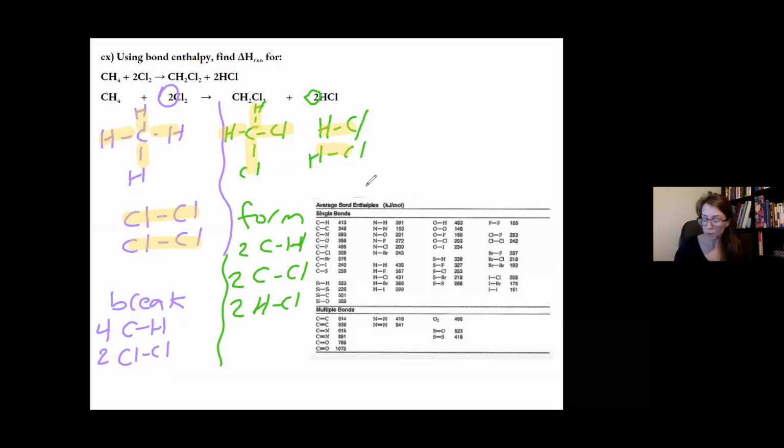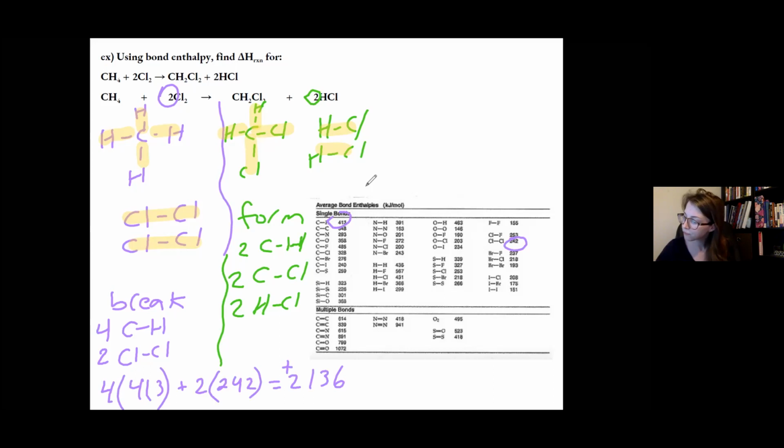Turning this into numbers now for the breaking, 4 times 413 plus 2 times Cl to Cl is 242. And that gets me 2,136, and it's a positive value because breaking bonds is always endothermic.